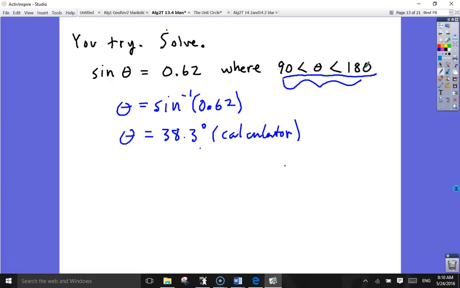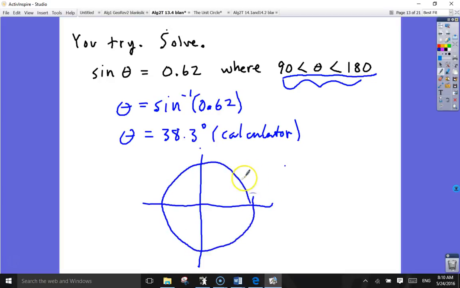So I'm not even going to use the unit circle. I'm just going to draw myself a circle here. So 38.3 would have been about right there. But we know we're supposed to be between 90 and 180, and this is the sine, so we should go straight across this way and figure out what this angle would be. It's 180 to here, and then this distance represents 38.3.